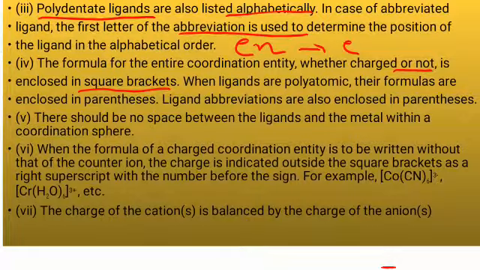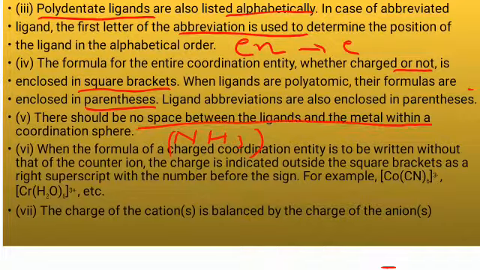When ligands are polyatomic, their formulas are enclosed in parentheses, like (NH3). There should be no space between the ligands and the metal within a coordination sphere.